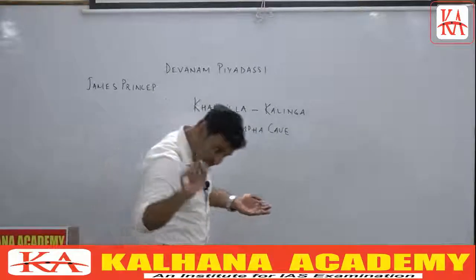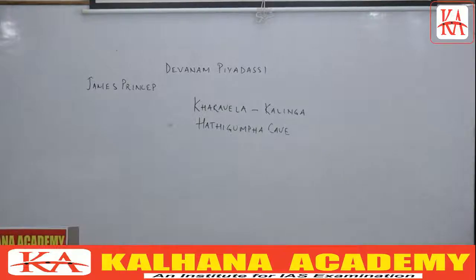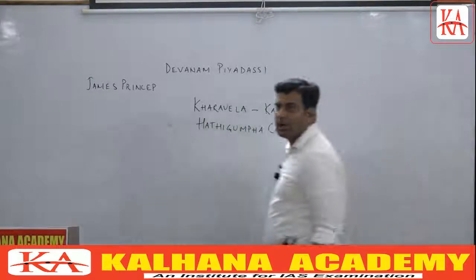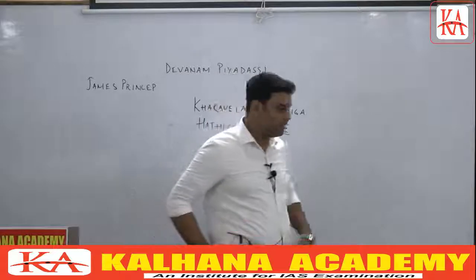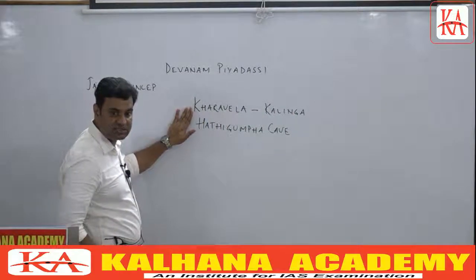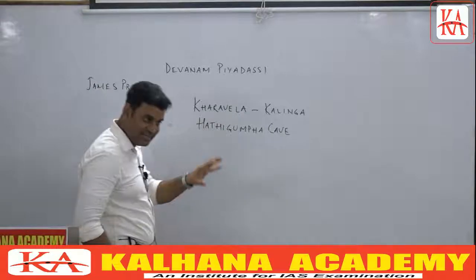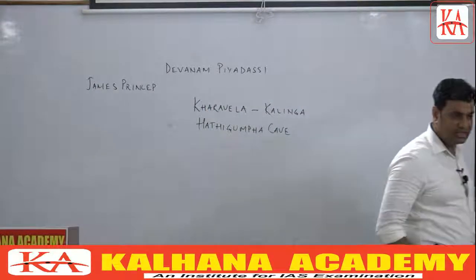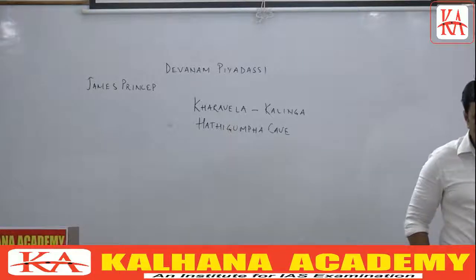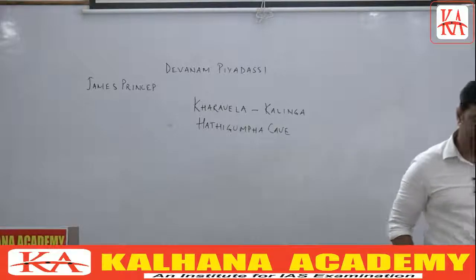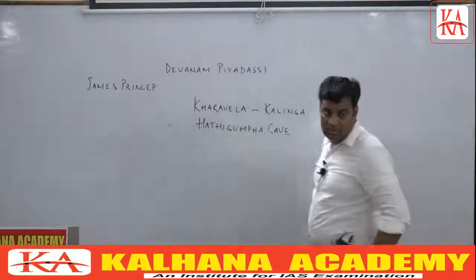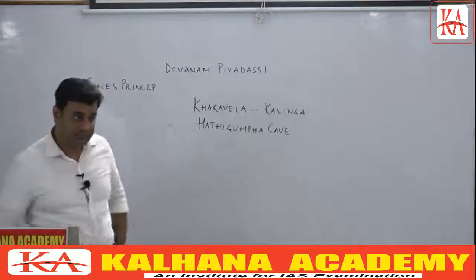Clear? Right, in this inscription, it's very important, Kharvela has mentioned his reign, R-E-I-G-N, of 13 years, in perfect chronological order. It indicates historical sense. Clear?